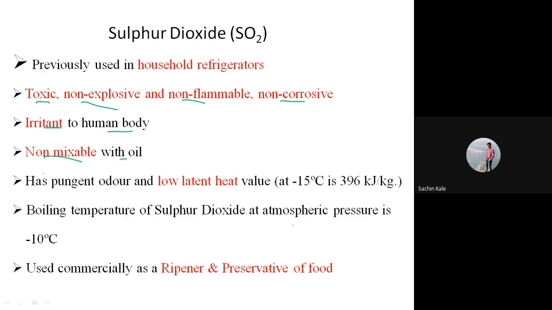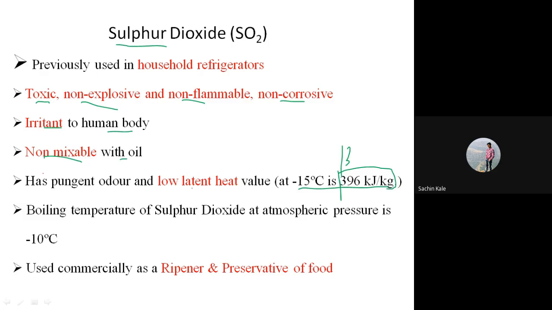The latent heat of vaporization for sulfur dioxide, not ammonia, is near about 400 kilojoule per kg, whereas ammonia has 1315, which is almost 3 to 4 times greater than sulfur dioxide.